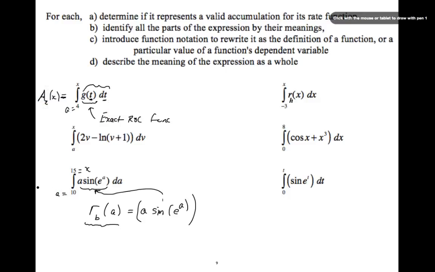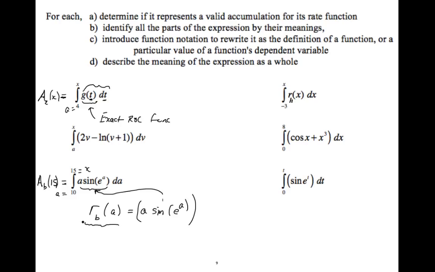All right. So we said if this is r sub b, say, then this would be capital A sub b, and specifically evaluated for a right side x value at 15. Does that make sense?